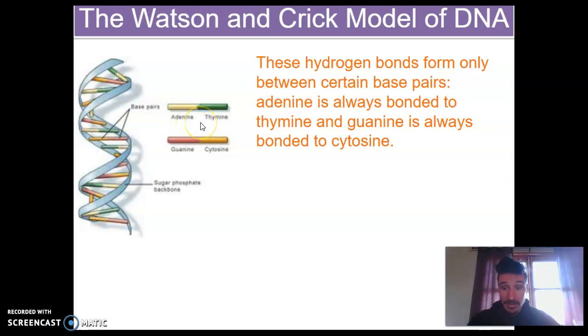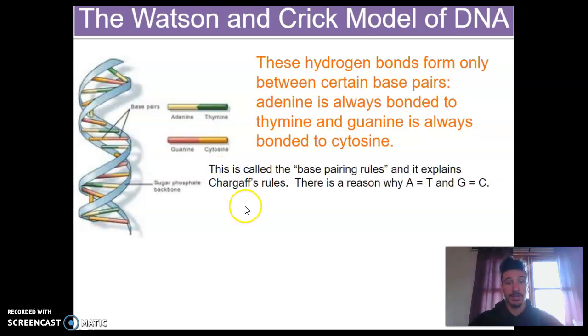That's why the amount of adenine in a DNA sample is always the same as the amount of thymine, because adenine always binds to thymine. That's why the amount of guanine is always equivalent to the amount of cytosine, because guanine binds to cytosine. And we call these base pairing rules.